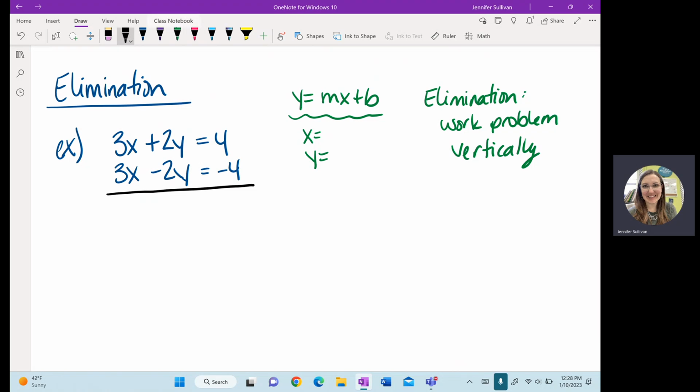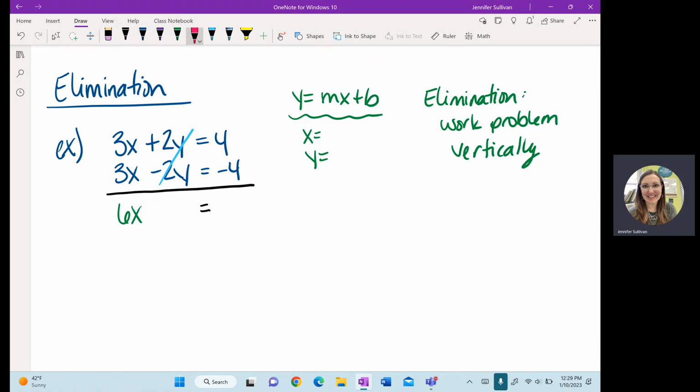And you're going to combine these terms. When I say combine, what I mean is if I have a 3x and another 3x, how many x's do I have? 6x. If I have 2y and -2y, my y's end up canceling. My equal sign is going to come down right in the same place.